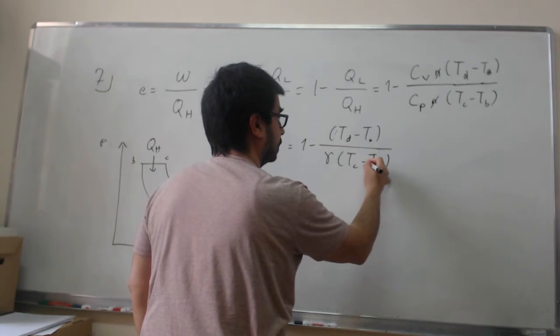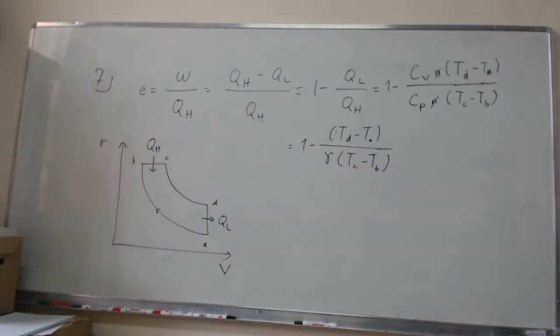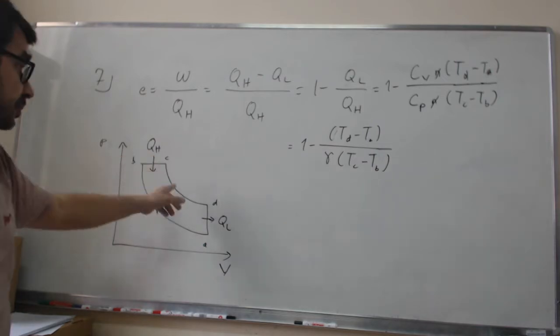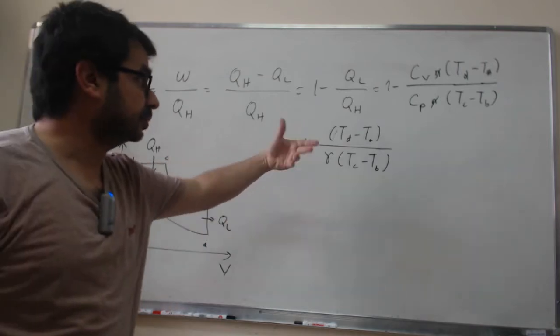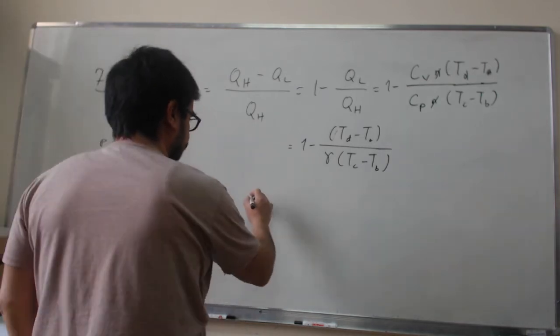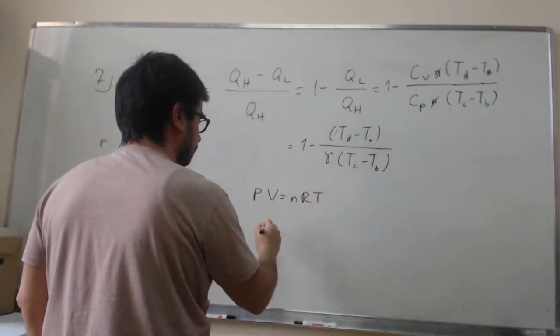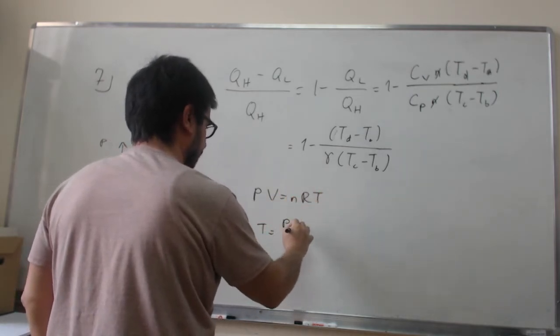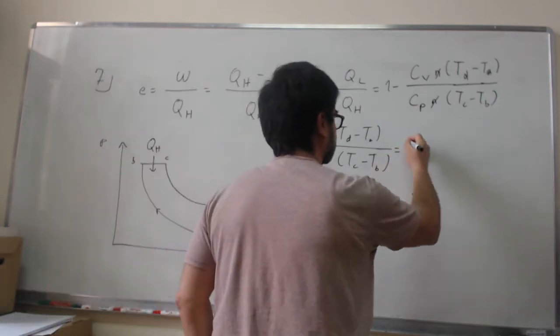Now the expression they give us is all in volumes, so we want to use the ideal gas law and then perhaps the adiabatic expansion, just going from these two points, to manipulate this. We are going to write all these temperatures in terms of the other quantities. So PV equals nRT, and so T is equal to PV by nR.